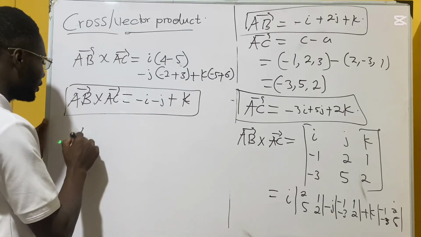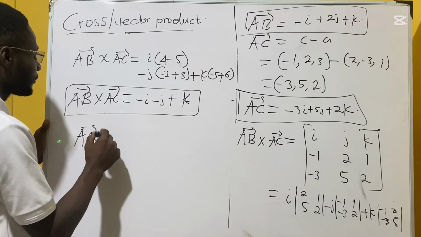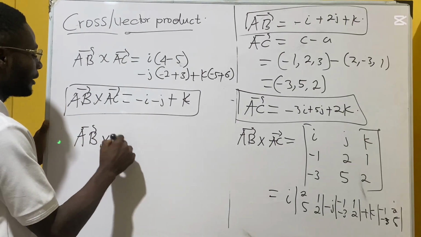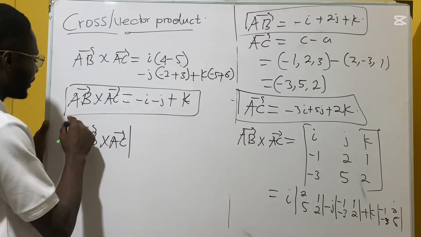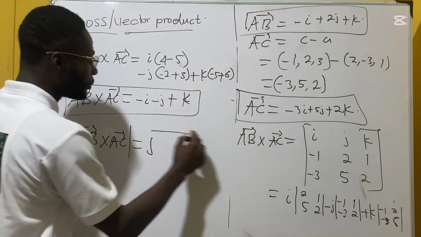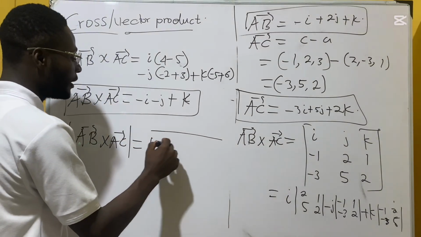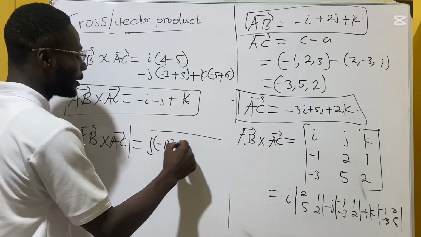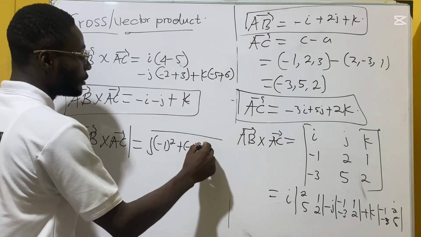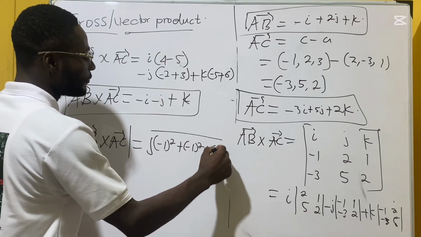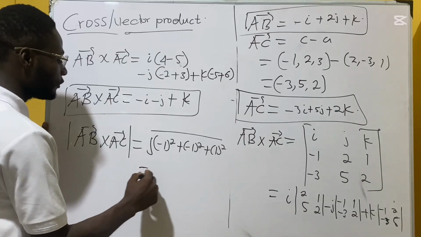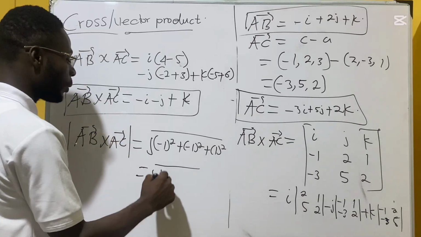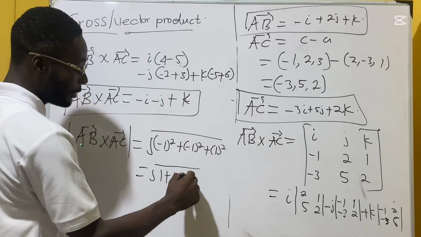Okay, so the magnitude of position vector AB cross position vector AC will be equal to square root of negative 1 squared plus negative 1 squared plus a positive 1 squared, right? So that is basically 1 plus 1 plus 1.